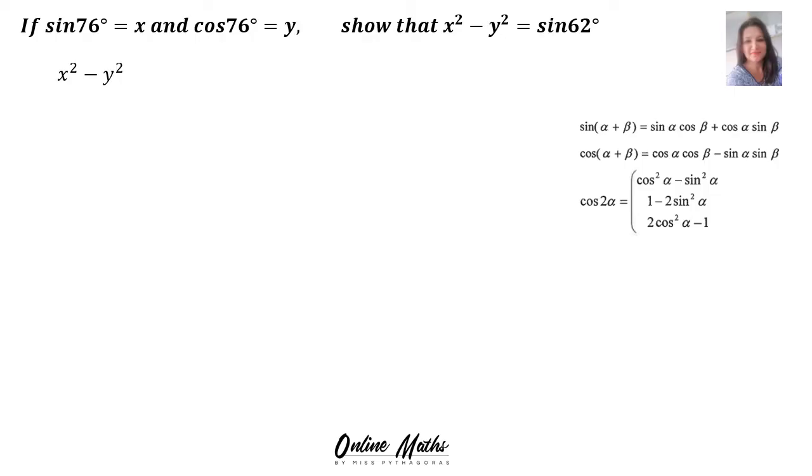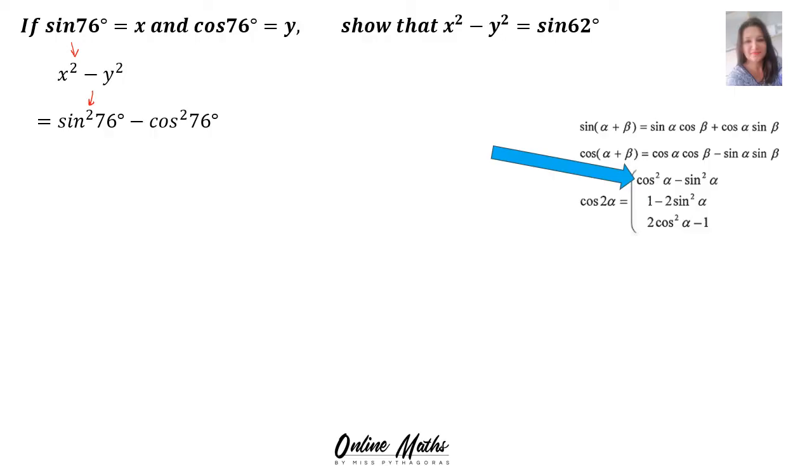Do you agree it was given that sin 76 is equal to x? So we can substitute x with sin 76. But it was x squared, so all you do now is you also add a square there. Minus, and then y is cos 76, so you substitute y with cos squared 76.